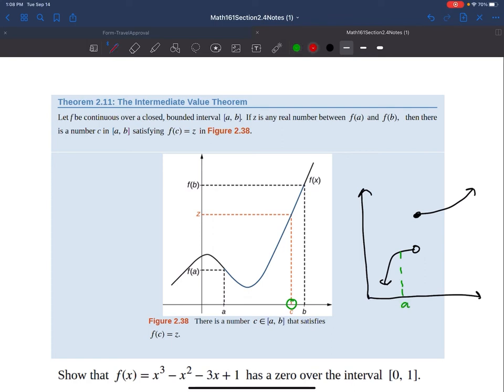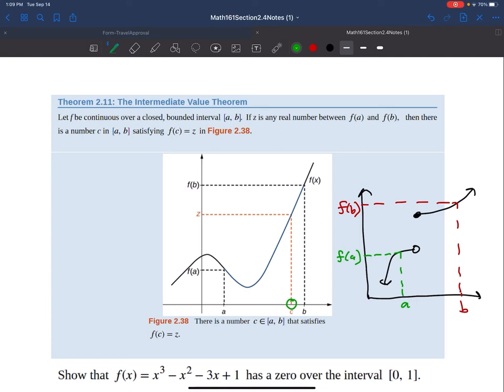Let's say I have an A and B, and my f of B is up here, and my f of A is down here. So it's a similar picture, except I drew a discontinuous graph. And I pick a random Z in the middle.